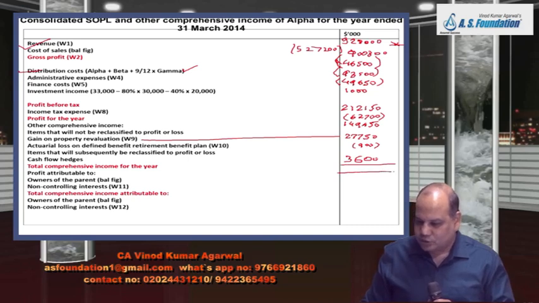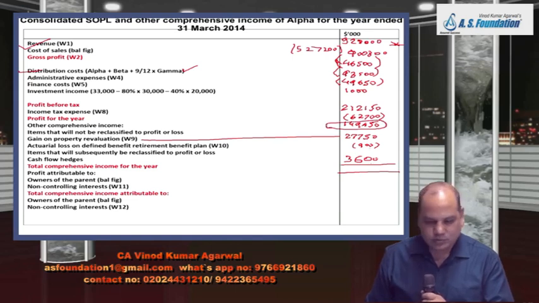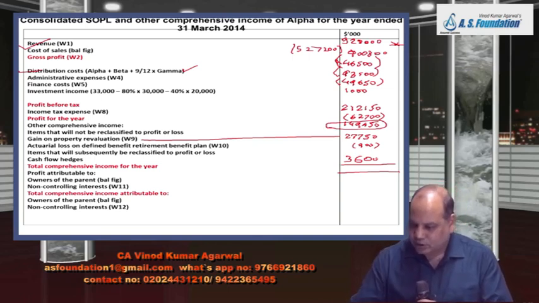So this will give me total comprehensive income for the year. Profit after tax, this figure you have to take, and plus minus plus. Anybody? 179,900. Okay.